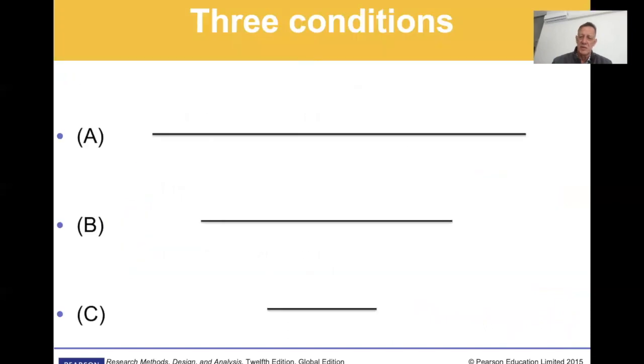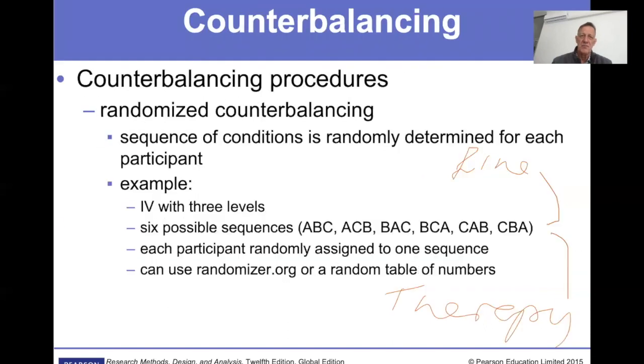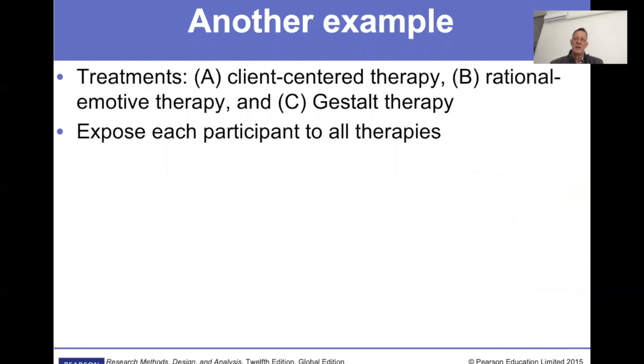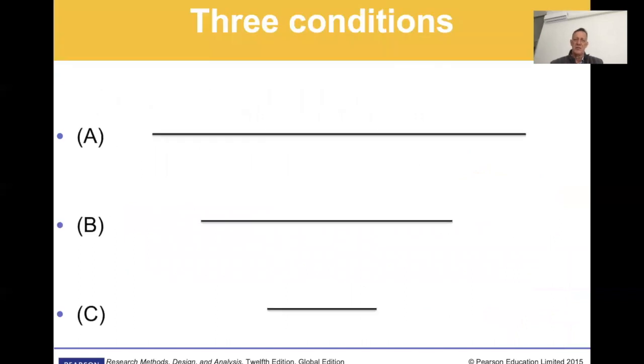The order can be ABC, ACB, BAC, and so on, for both the line bisection task and therapy. Each participant is then randomly assigned to one sequence. It's easy in that example to do that.